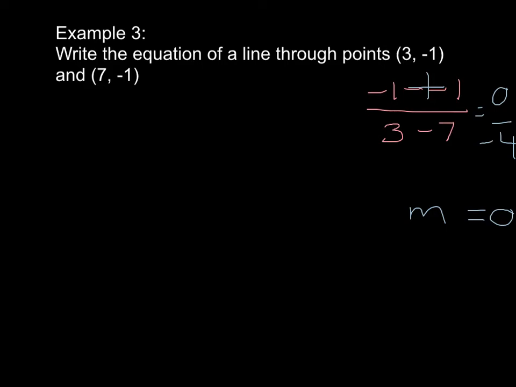So now, when I write the equation, I can go y minus, I can choose either of my 2 points. I'm going to just choose this one. y minus a negative 1, and that ends up being y plus 1, right, is equal to the slope times x minus, and then since I chose that point, I'll use the 7.